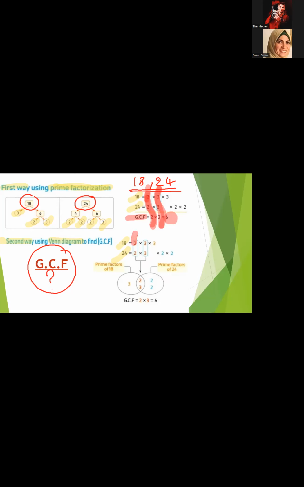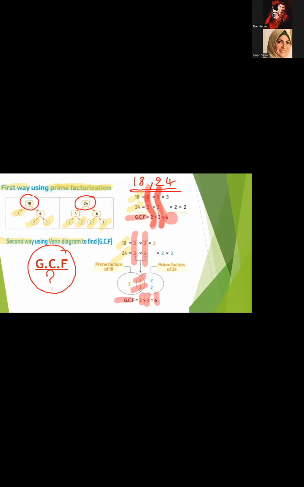It's the 2 and the 3. So I write this 2 here and this 3 here in the intersection area of the two circles. Multiplying 2 times 3 gives me 6, which is the GCF. So the intersection area of the two circles gives me the GCF. That is how I represent the GCF in the Venn diagram.